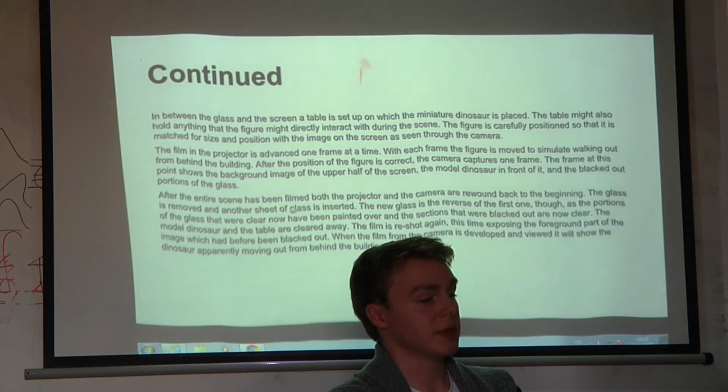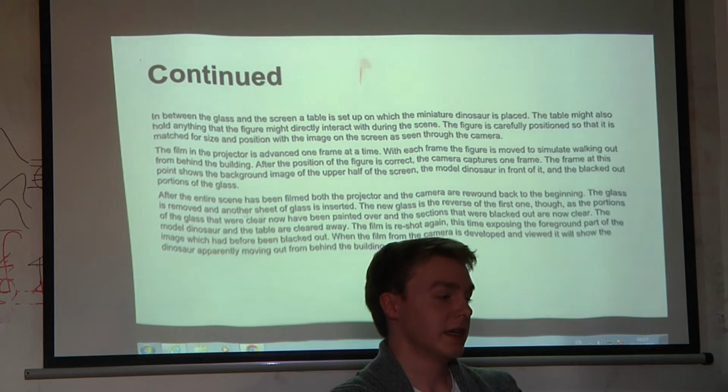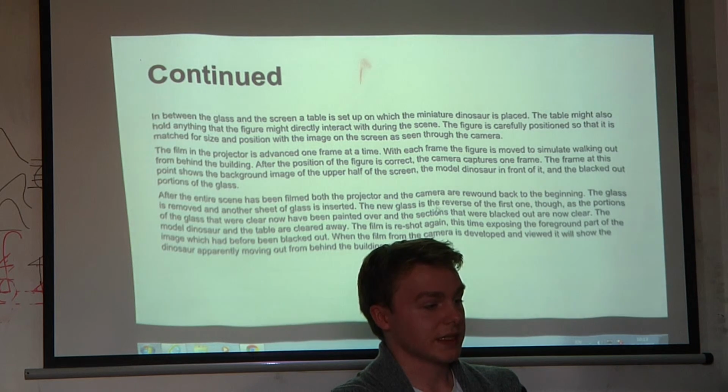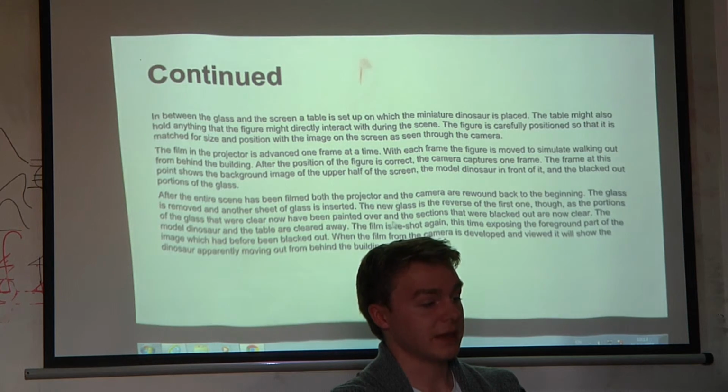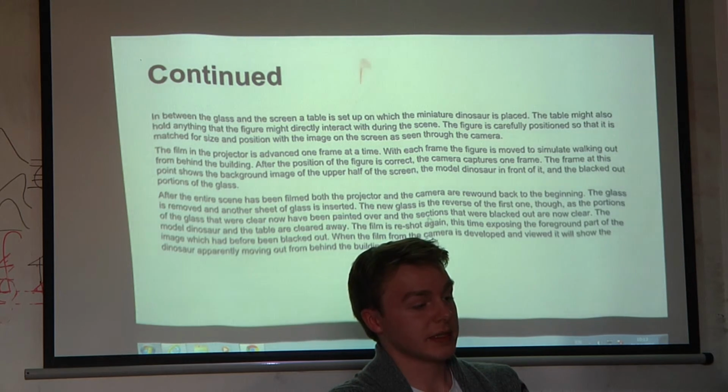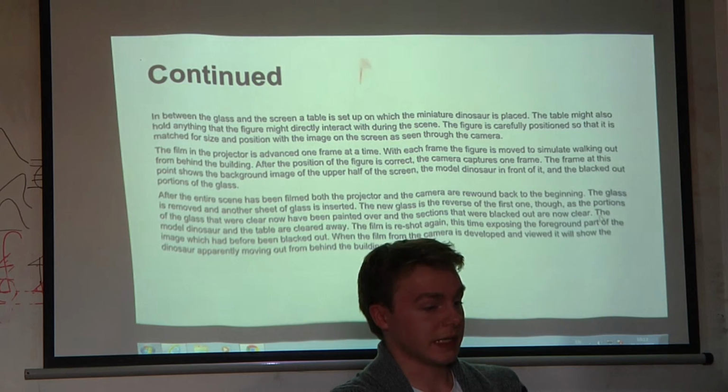After the entire scene has been filmed, both the projector and the camera are rewound back to the beginning. The glass is removed and another sheet of glass is inserted. The new glass is the reverse of the first one, as the portions of the glass that were clear have now been painted over, and the sections that were blacked out are now clear.